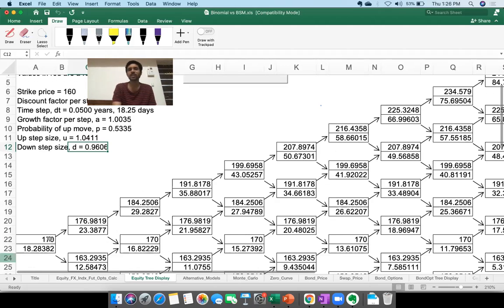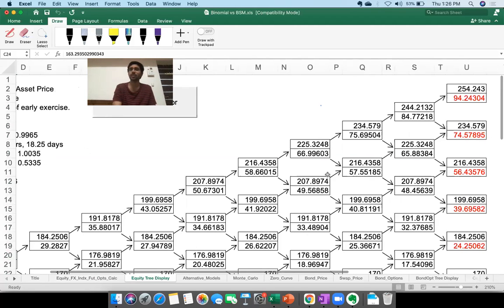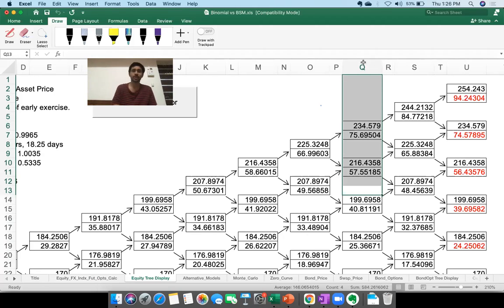So what this tree has done is, for arriving at the upper share price, it has multiplied the middle node with 1.0411, and to arrive at the bottom share price, it has multiplied the middle node by 0.9606, and it has done the same process until the end. But if you change u and d somewhere in between, and u and d is dependent on volatility.